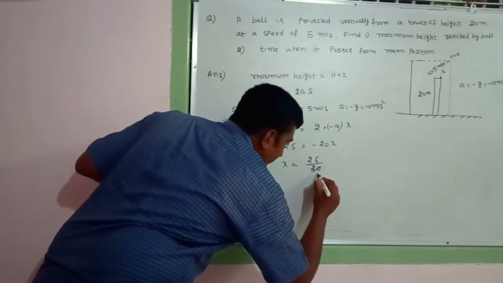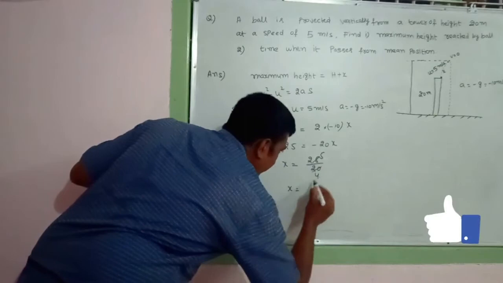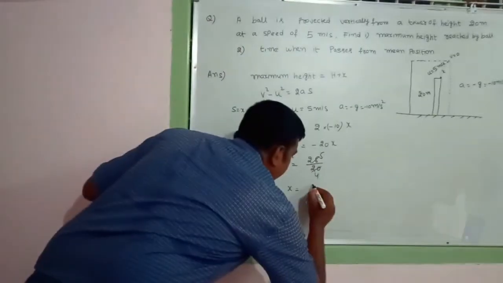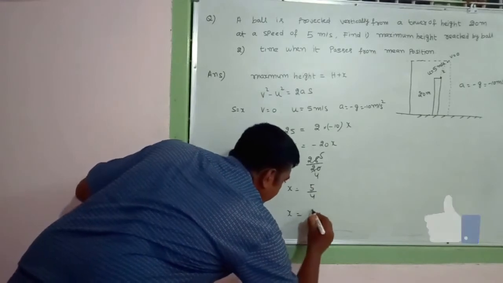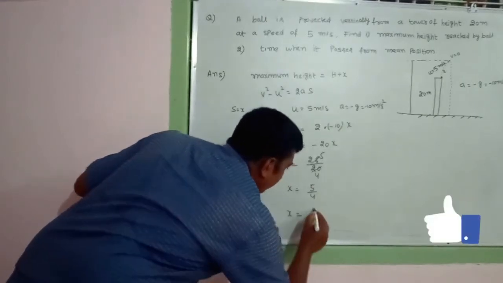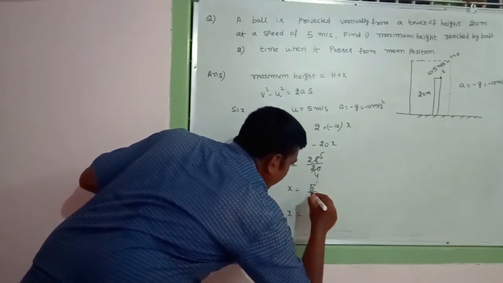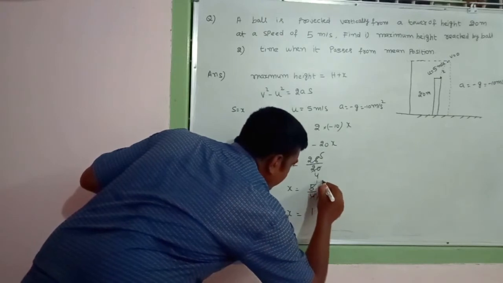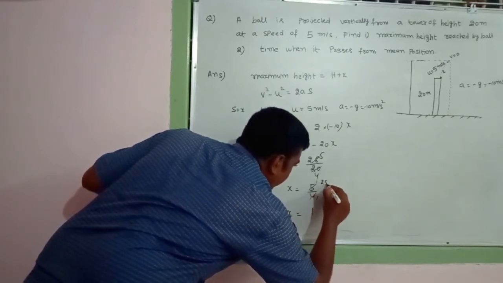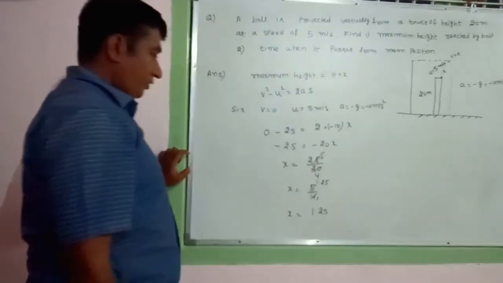So 5 fours, 5 fives. So x equals 5 by 4, which we can get as 1.25.